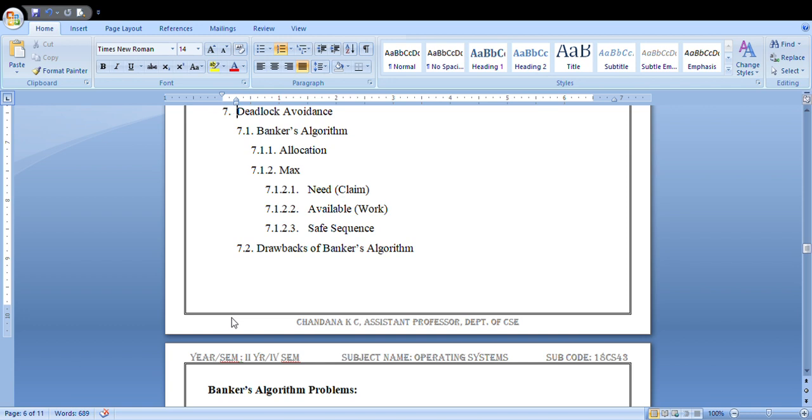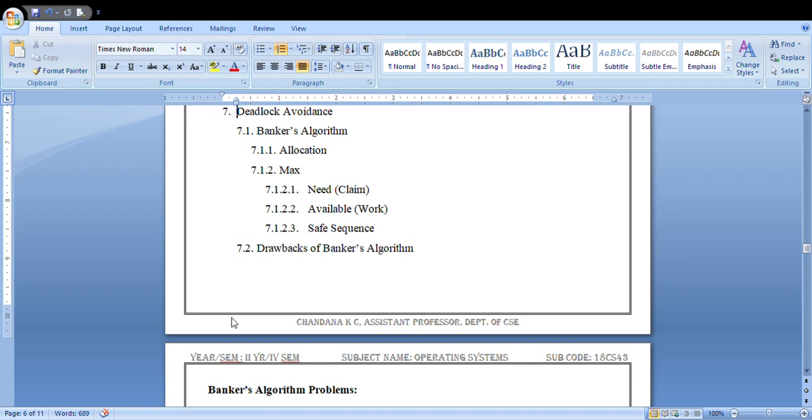Banker's algorithm is a deadlock avoidance algorithm, and it is named so because the algorithm is modeled after a banker who makes loans from the pool of capacity and receives payments that are returned to that pool.